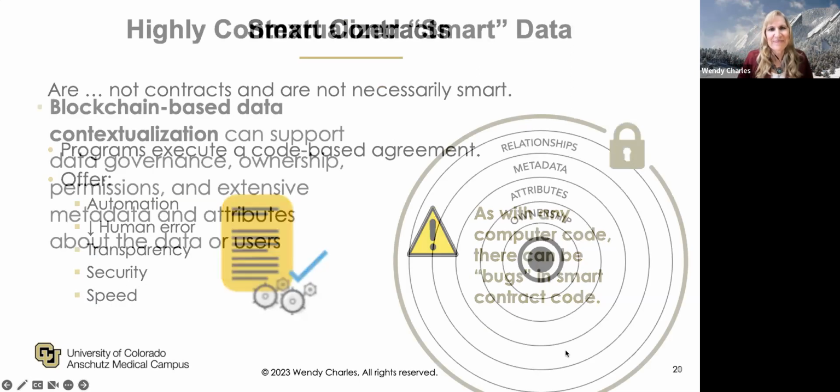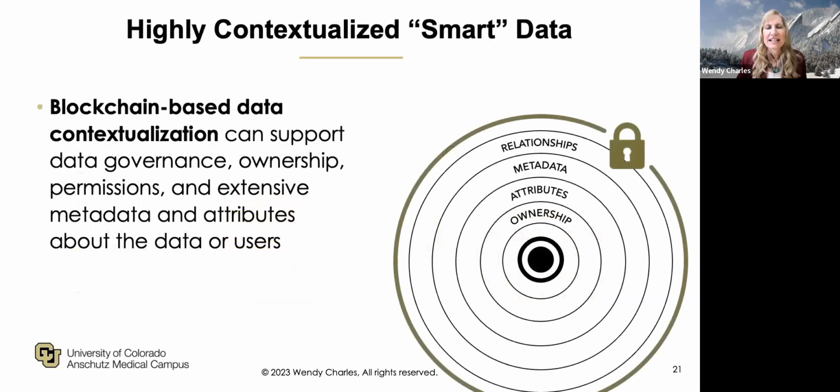We're also seeing, as a feature of blockchain, the ability to create more highly contextualized data, which we also call smart data. Since we're storing data on a ledger, we have more capability of how we manage information about a data object.